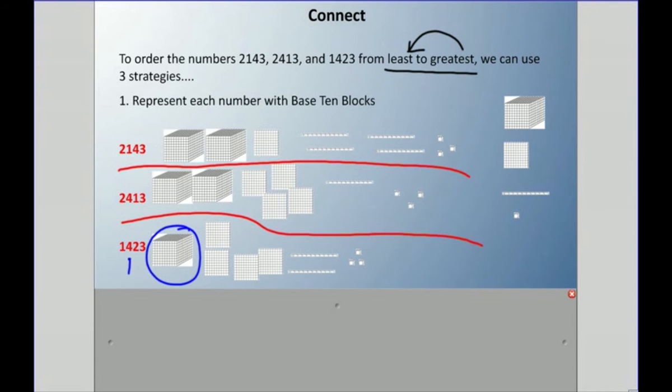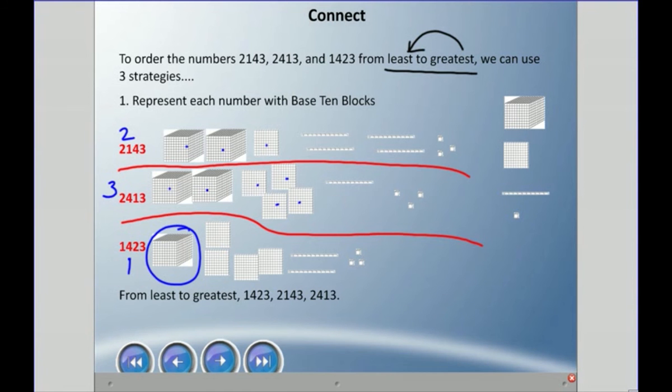Next we have 2 here and 2 of these. Oh, they're tied. So we need to move to the right and look at the hundreds. This one only has 1, but these have 4. 4 is greater than 1, so this is the second number, and this would be our greatest number. So from least to greatest is 1,423, 2,143, and 2,413 is the greatest number.